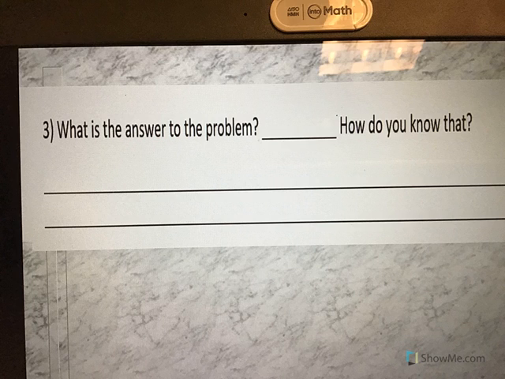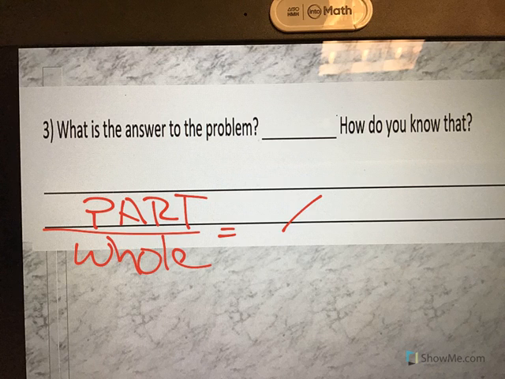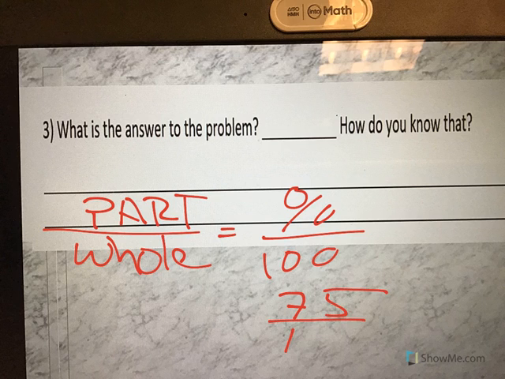So what is the answer? How do I know it's the answer? Well, there are different ways to figure out how I know it's the answer, but what I always like to do is do my work, the math work, the part over the whole. So if I put my part over the whole and set it equal to percent over the 100, looking at the problem, I know that it's 75 over 100.